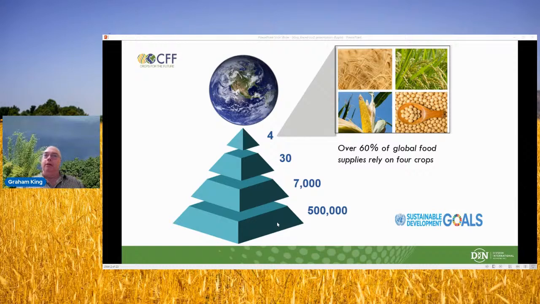I'd like to start by reflecting on the fact that in order to feed so many billion people, we rely with great risk on relatively small numbers of crops. Over 60% of global food supplies, mostly calorific food supply, come from just four cereal crops, and 80% from maybe around 10 to 12 crops.